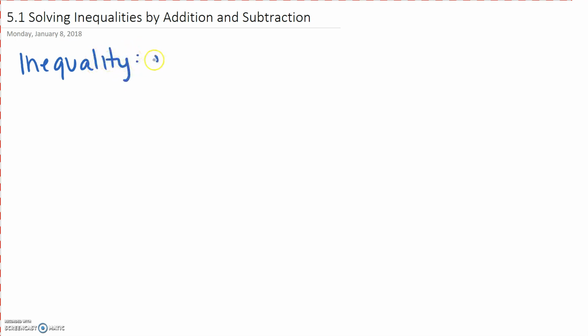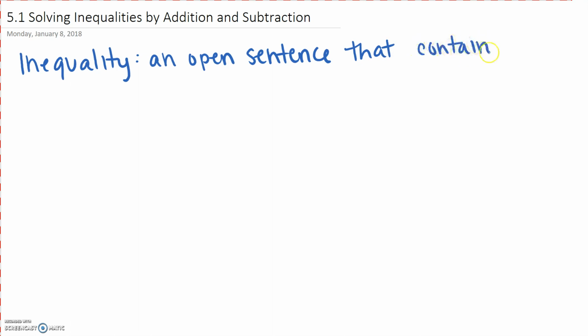And basically, it is just like an equation, an open sentence. The difference here is that it contains inequality symbols rather than just an equation. So we have less than, greater than, less than or equal to, greater than or equal to.